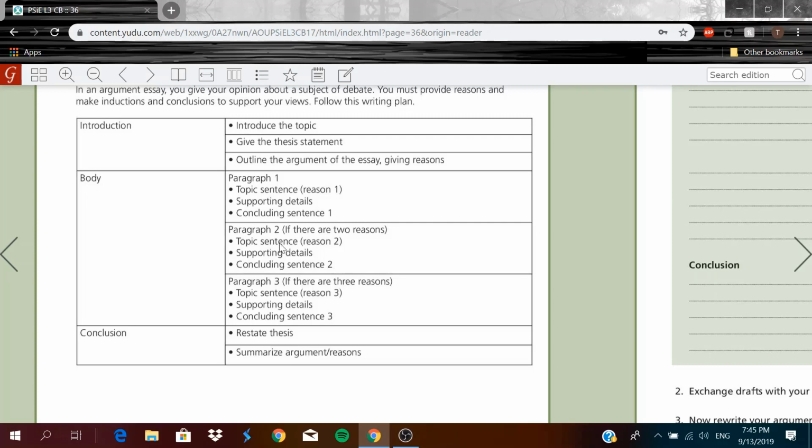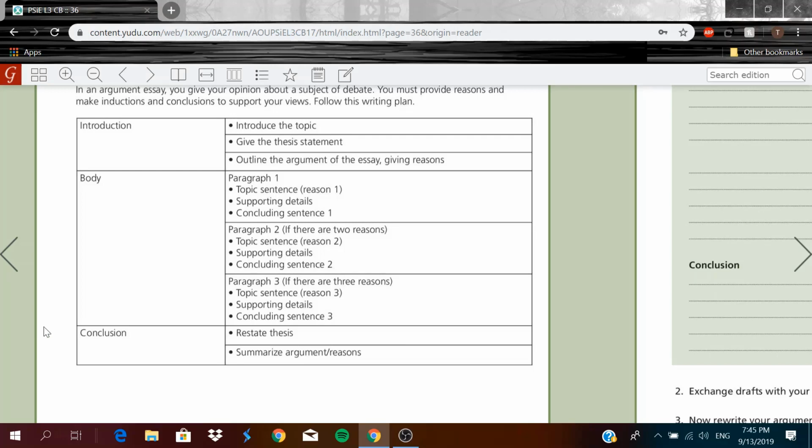Again, topic sentence, now you're on reason number 2, any supporting details for that, and again, concluding for that paragraph. And one more paragraph if you're going to go for 3 paragraphs. So now 3 reasons. Again, topic sentence, it's the same thing, and then any supporting details for that, and finally your concluding sentence 3.